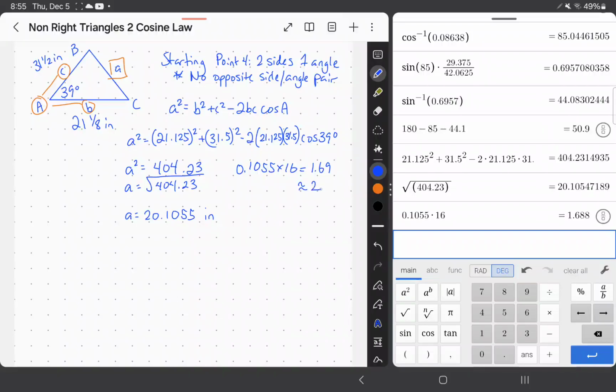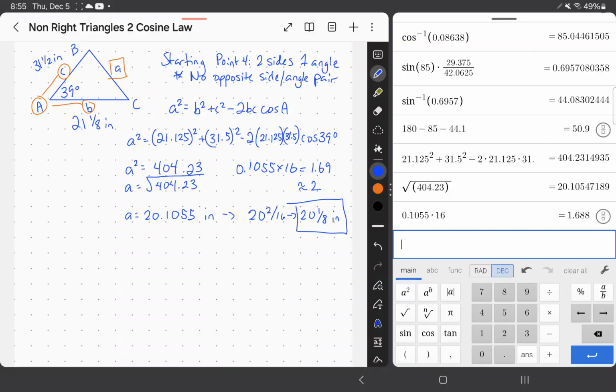So that's going to round to 2. So that means we're dealing with 20 inches and 2/16. But that's going to reduce to an eighth. So 20 and an eighth inches is going to be side A.